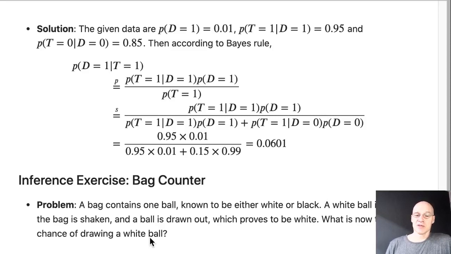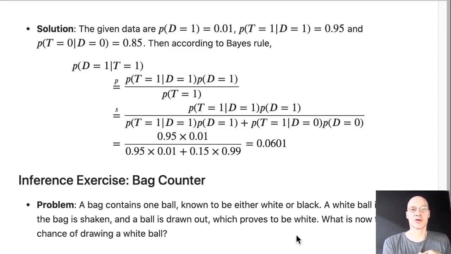The interesting part is that before I did this procedure, if I just have a bag with a ball in there that's either white or black and I don't tell you anything, then the chance of drawing a white ball is half, right? The interesting thing is you can compute that if I do this procedure, I throw in a white ball, I shake and I pull out a white ball, and now I ask, what is the chance that there's still a white ball in there?